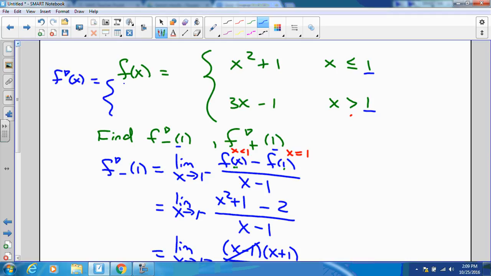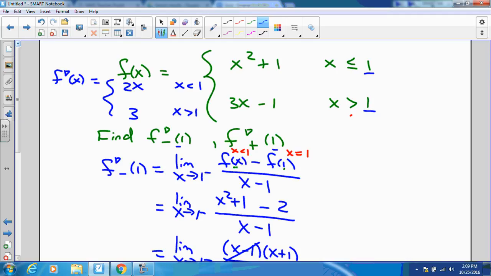So in other words, I can compute, I'll do this real fast, f prime as the derivative of each piece, 2x here and 3 there, for x's that are in the interior of each domain. But right at x equals 1, no derivative, because my derivatives from left and right are different.